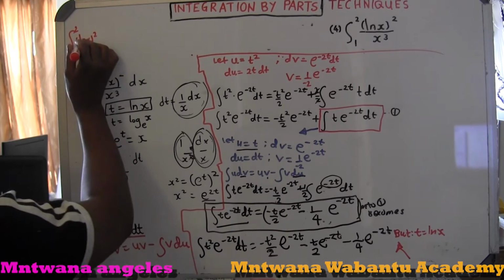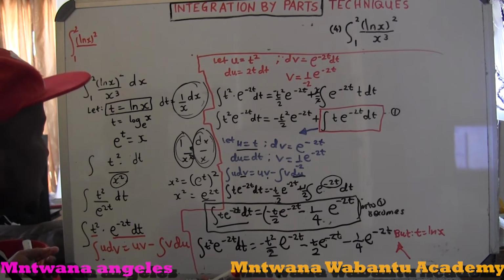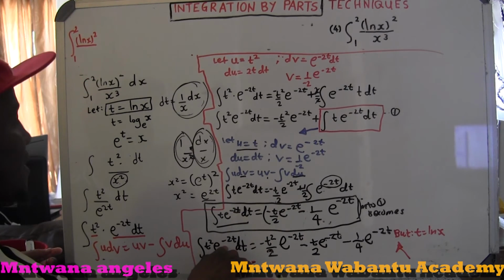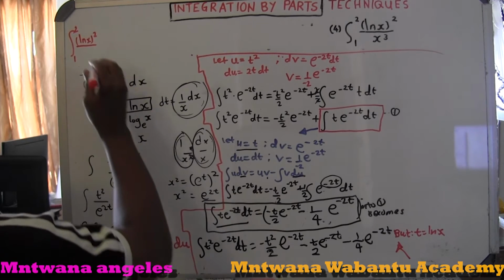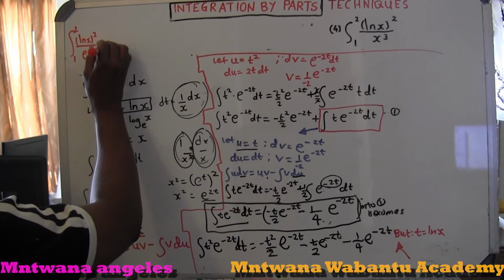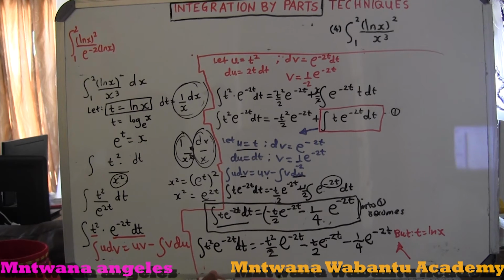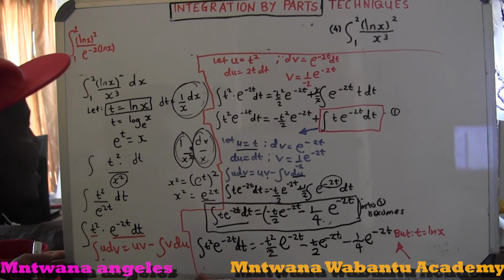Now we say e to the negative 2t. It's like e to the negative 2, but what is t? ln of x, but what? Cubed.